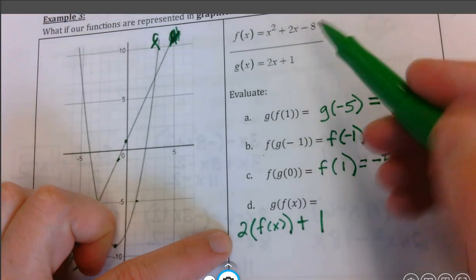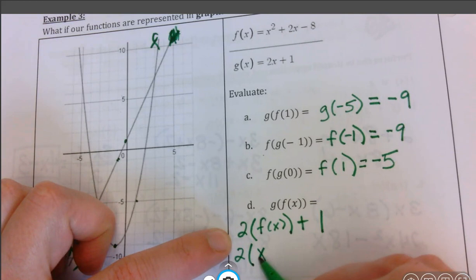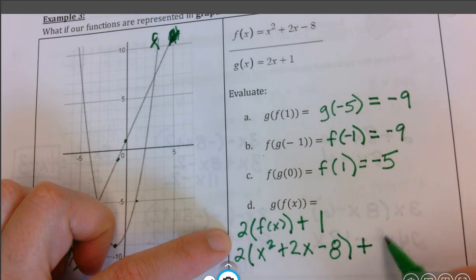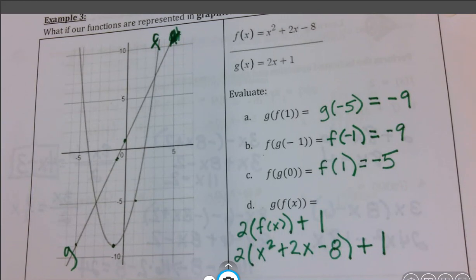All right, so then I'm going to put function f of x in there. 2 times x squared plus 2x minus 8 plus 1. And then I just distribute the 2 and combine like terms, and we're good.